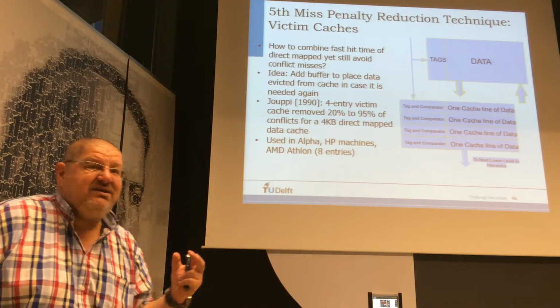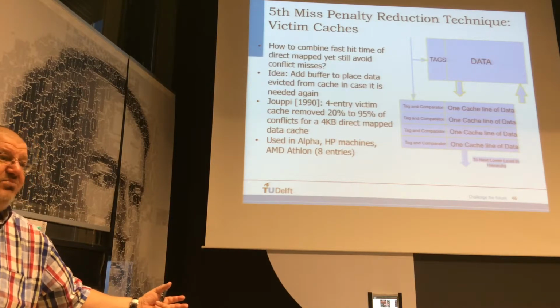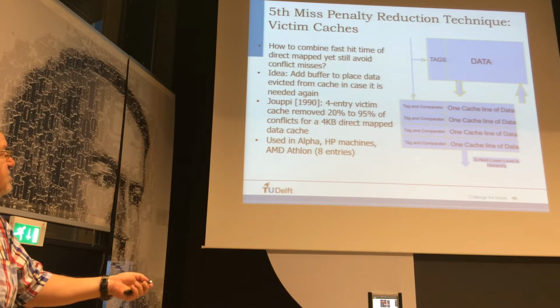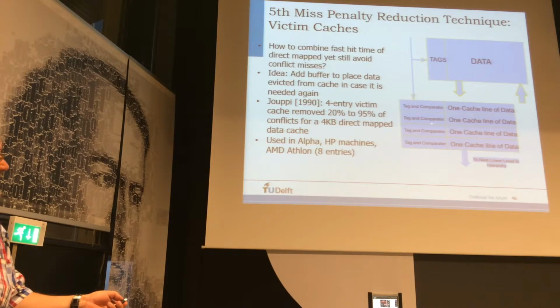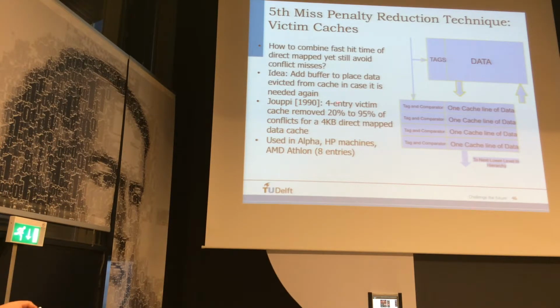And then I take it, and instead of letting it disappear, I'll put it in a small cache, which is this one. And it was proved that this can help quite well. Just 4 locations like this can solve most of the conflicts for such a cache.